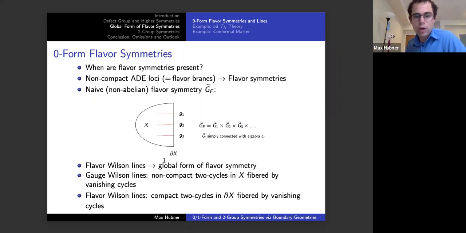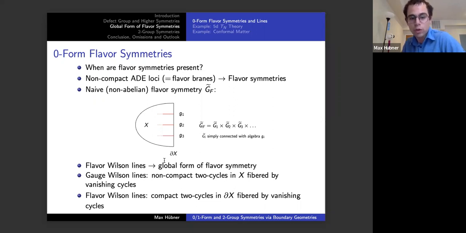And the way we're going to argue is exactly the same way we argued for the one-form symmetries in the previous example. Before, we asked what the gauge Wilson lines are, and because the one-form symmetry acted on the gauge Wilson lines, we basically knew the one-form symmetry once we had characterized the lines. And so we're going to play the same game.